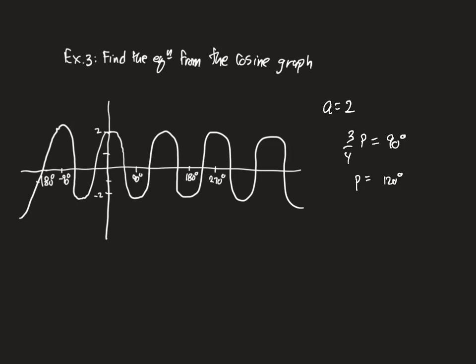And you can tell that right away, even if you're looking at your graph. So K should be 360 degrees divided by 120, which is equal to 3. So therefore, my function is 2 cosine of 3x.